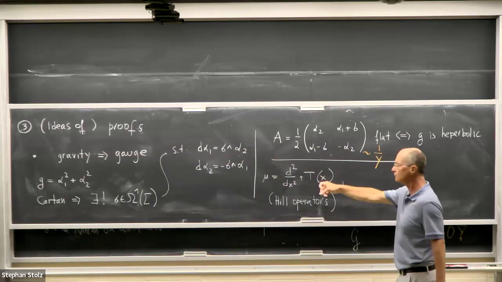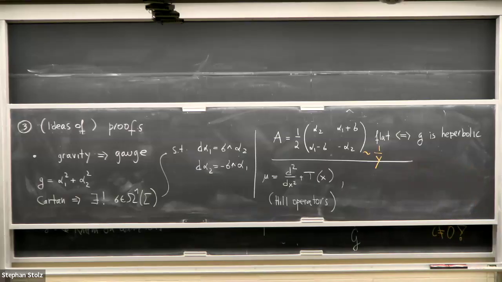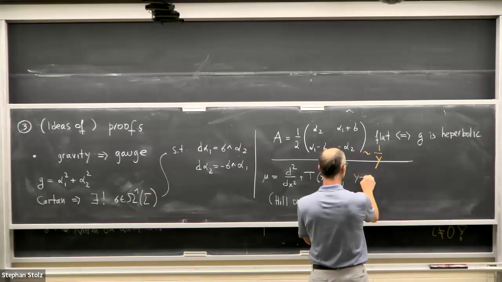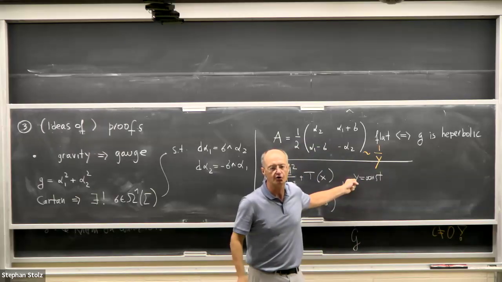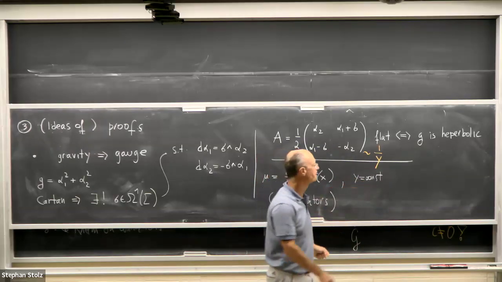And now I should tell you what T of x is. T of x should be a function of your hyperbolic metric. Let's consider again, in local coordinates, the lines of constant t. Maybe these are those Wigner boundaries, who knows?